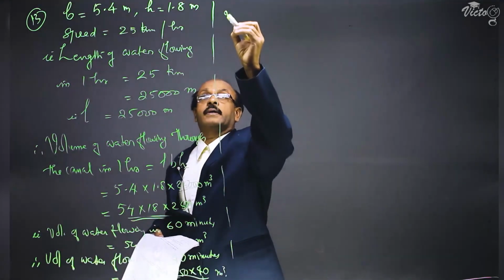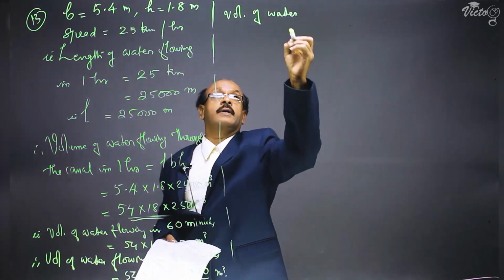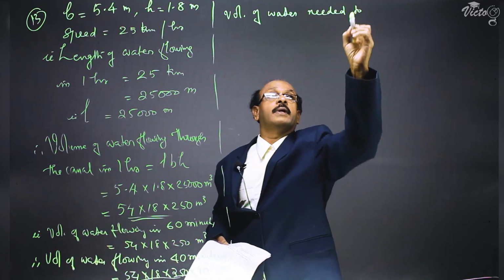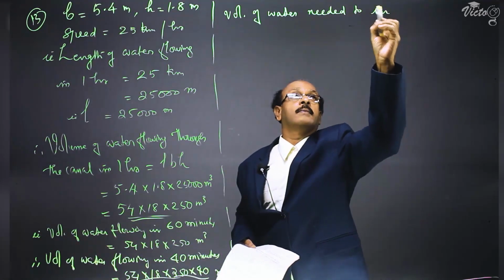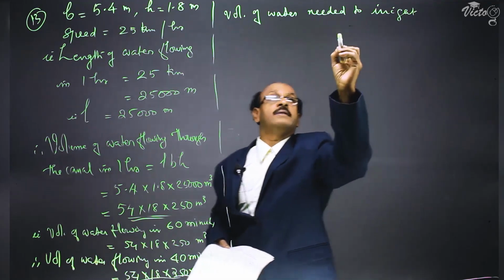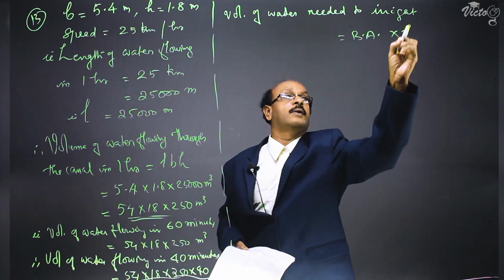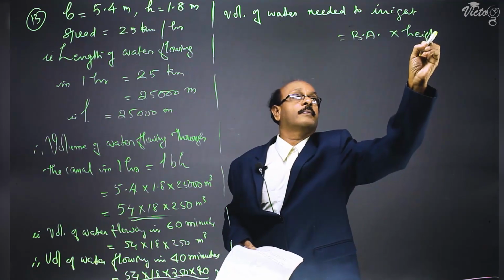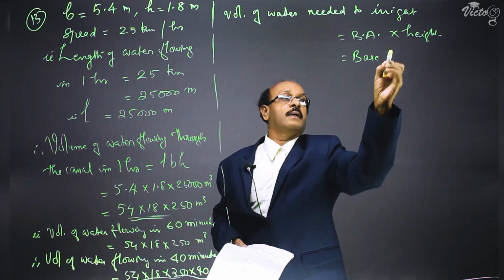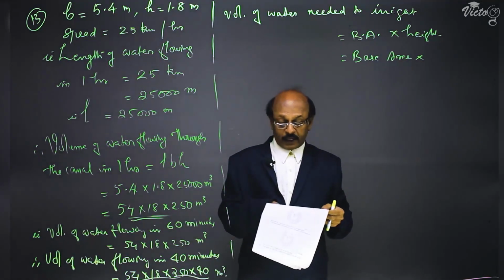Volume of water needed to irrigate is equal to base area into height. Base area into height, where height is given as 10 centimeter.